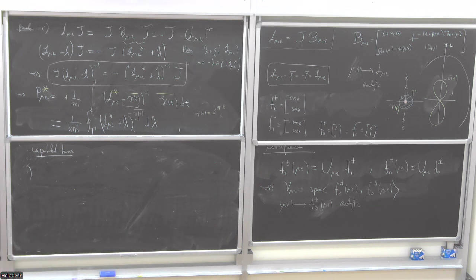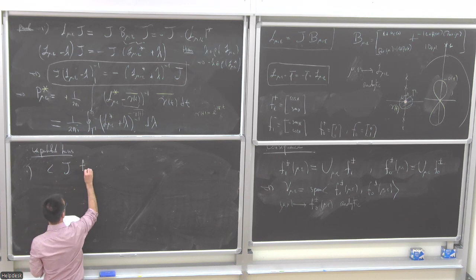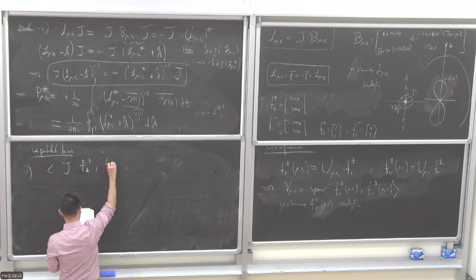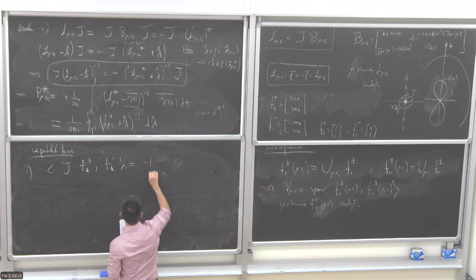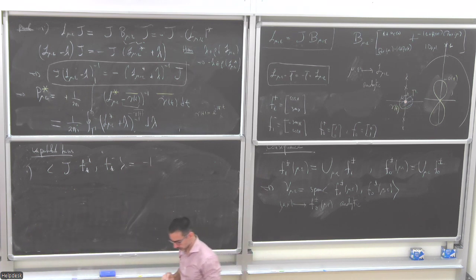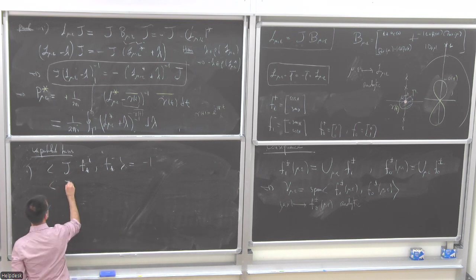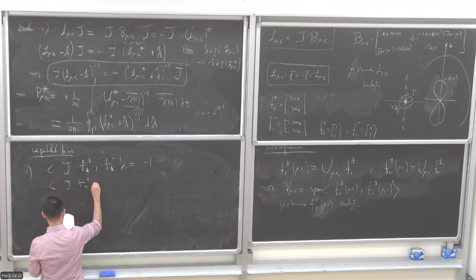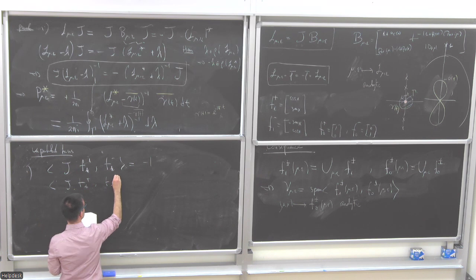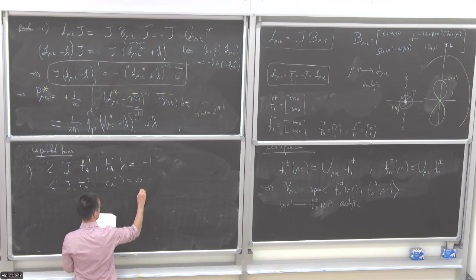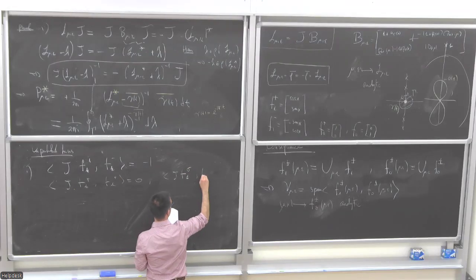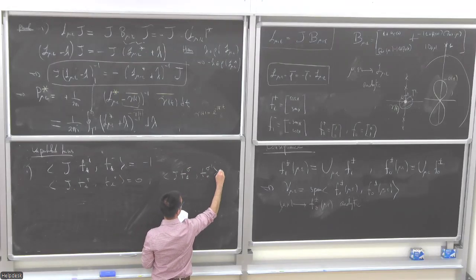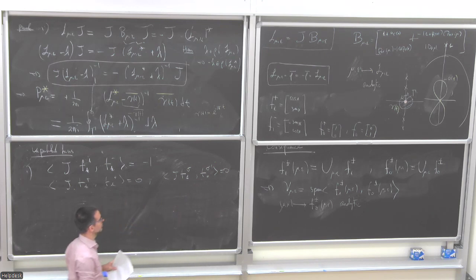Meaning, in this case, that if I compute J f_k plus, f_k minus, you can check it, this is -1, and all the others are 0. Also J f1 sigma, f0 sigma prime is always 0.